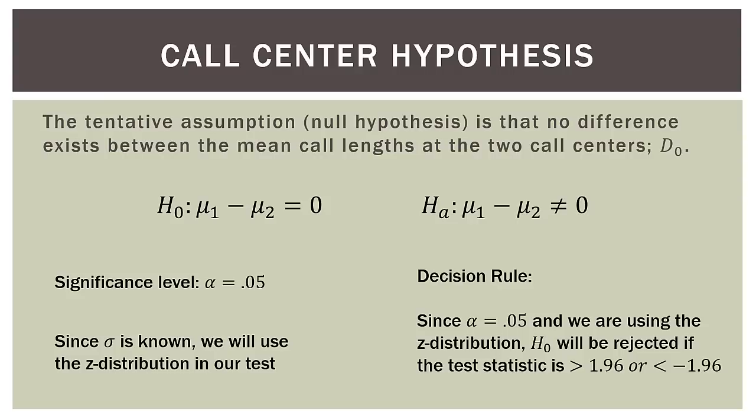So what is our decision rule when we go to do our analysis and interpret the conclusion? Since alpha equals 0.05 and we're using the z-distribution, our null hypothesis will be rejected if our test statistic is greater than a z of 1.96 or less than a z of negative 1.96. Why is that? It has to do with our z-table.